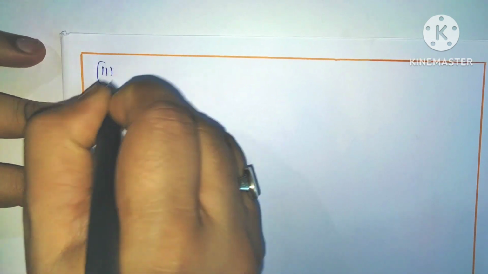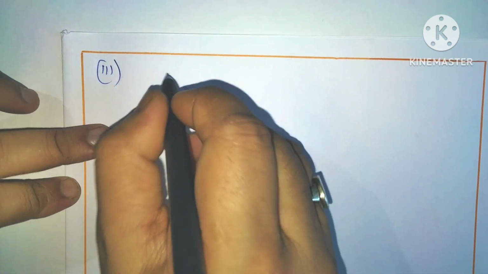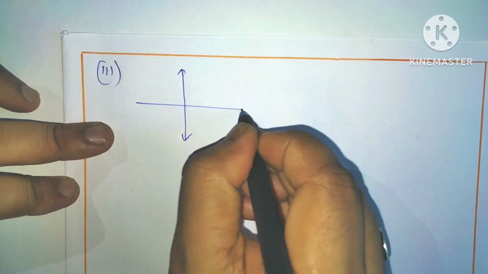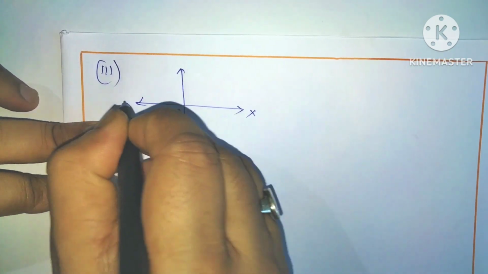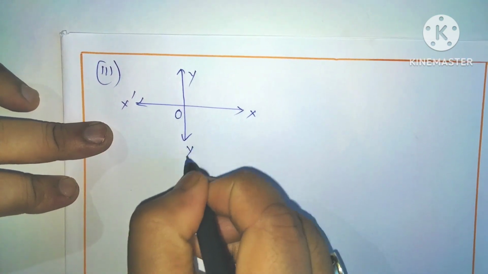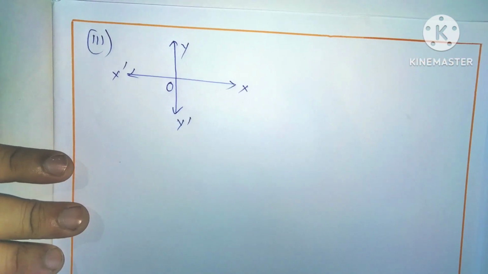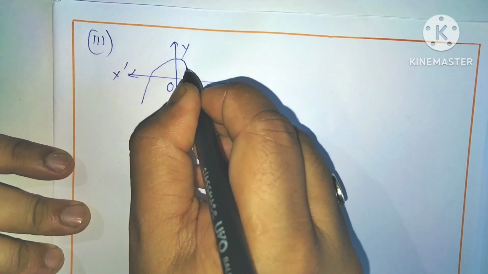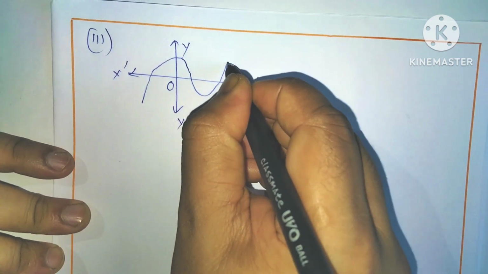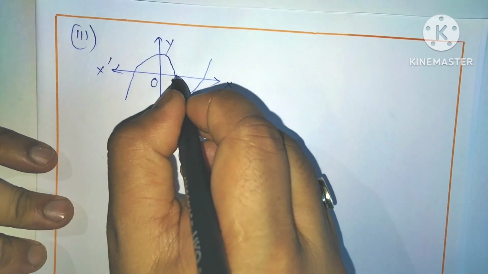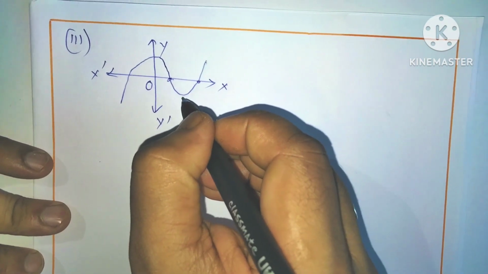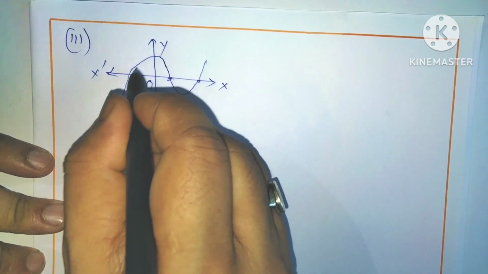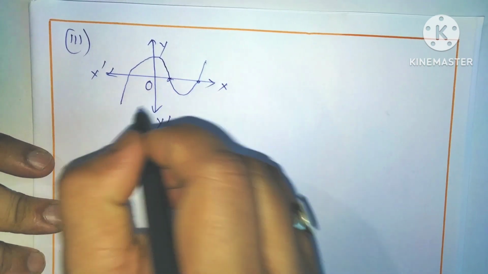The next, third number. X dash, y dash. This graph intersects the x-axis at 2 points, this point and this point, only the x-axis, not y. We measure only where it cuts the x-axis, not the y-axis.